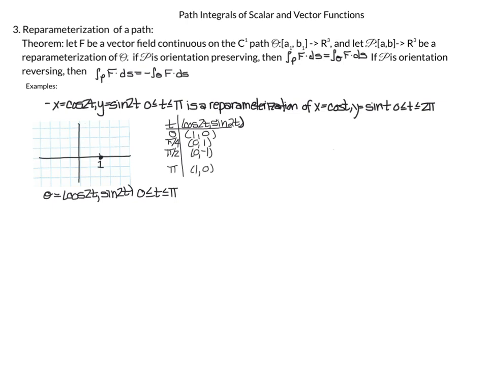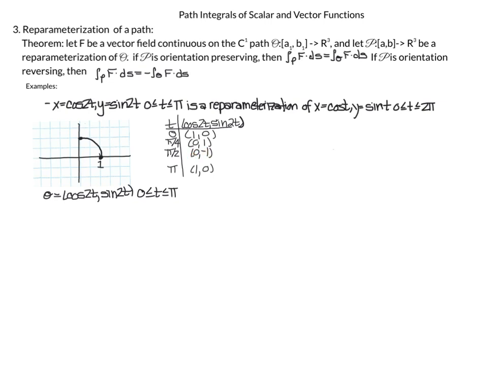And then when t is equal to pi over 4, now cosine of 2t, so we have cosine of pi over 2, sine of pi over 2, so what we get is 0, 1. So at t equals pi over 4, we've progressed up to 0, 1. Skipping ahead, as t equals pi over 2, we're going to get to 0, negative 1.